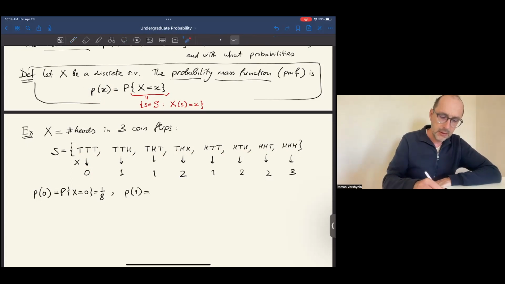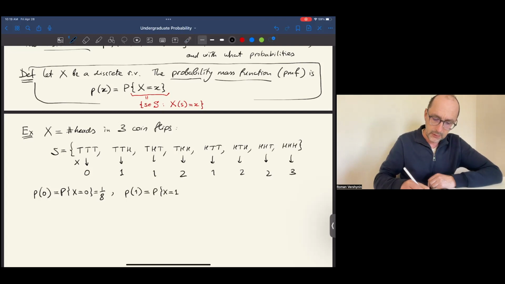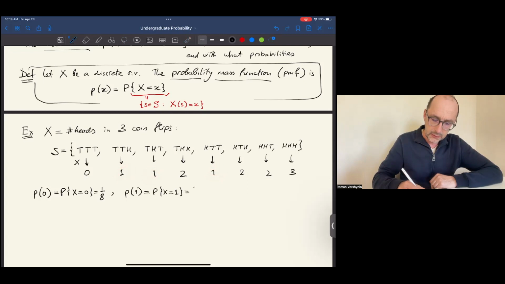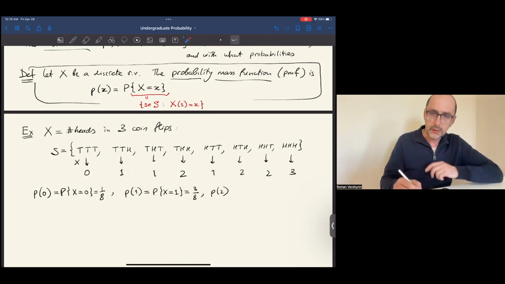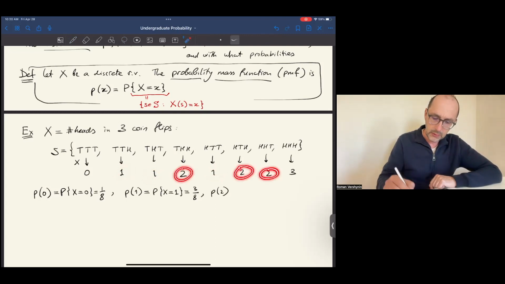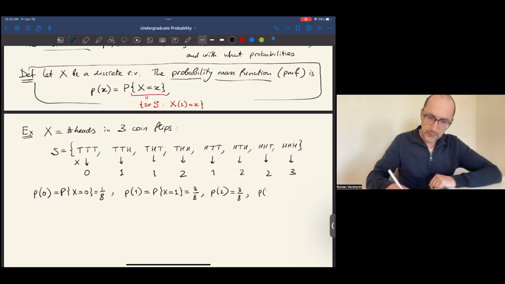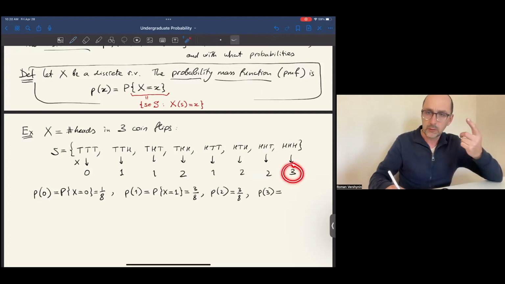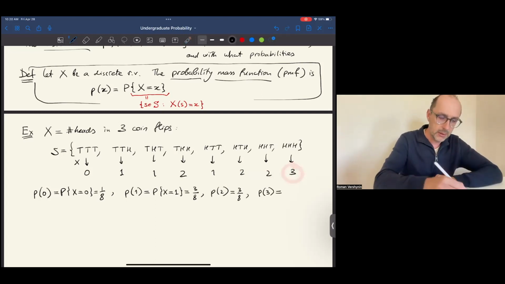The probability that x, the number of heads, is 1. There are 3 outcomes out of 8 possible outcomes where the number of heads is 1. So the probability of that is 3/8. Similarly, the probability that the number of heads is 2 is also 3 over 8. And the probability that the number of heads is 3 is just 1 outcome divided by 8.